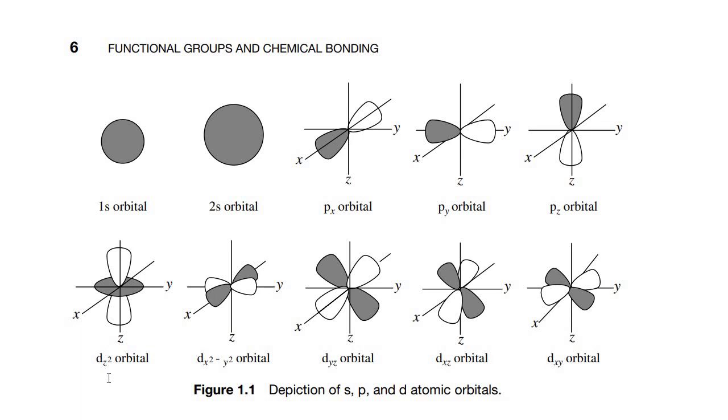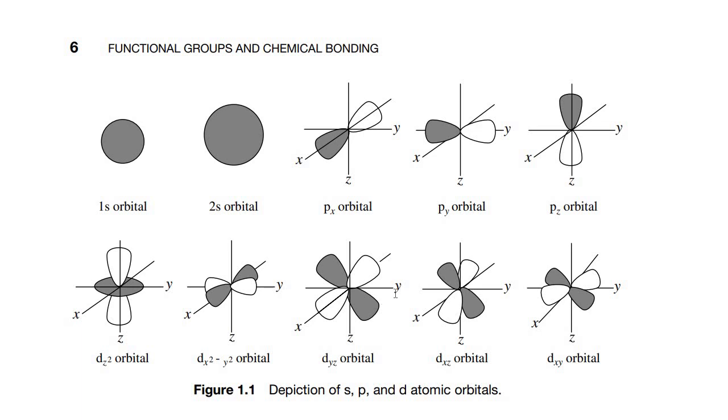Now look here. This is the shape of the dz square orbital. This is the shape of the dx square minus y square orbital. And this is the shape of the dyz orbital, y and z.